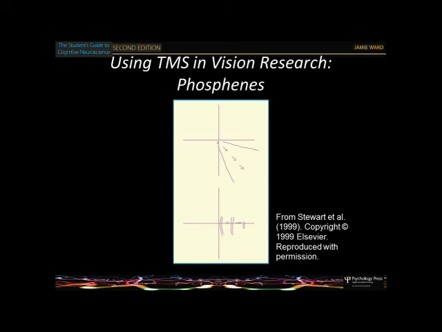So as well as generating twitches of the fingers or whatever, you can also generate vision. There's a part of the brain called V5, which is involved in seeing motion. We go through this in the next lecture. It's on the outside surface of the brain, so you can stimulate it with TMS, and you might see a flash of light that moves.